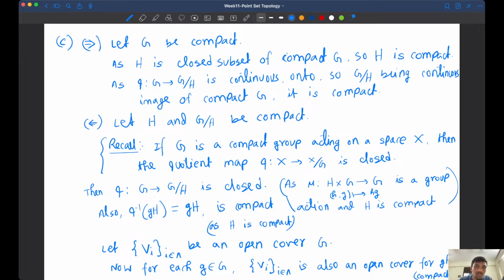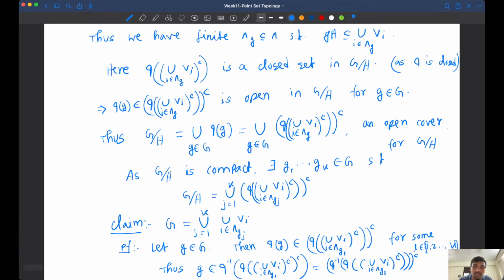So I am considering those finite subsets as lambda G, a subset of the given index set lambda, and now I am considering the complement of those finite unions of open sets and taking Q. So Q being closed, this is a closed subset in G mod H. The complement of this set in G mod H is open, and as G belongs to Q of this thing, G actually does not belong to Q of this complement.